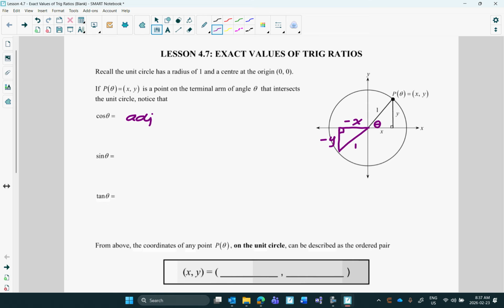In this right triangle that I've drawn here and labeled x, y, 1, what side is the adjacent? And what side is the hypotenuse? 1. Which means that the cosine of the angle coming out from here will be whatever the x value is of the point on the unit circle over 1, or just plain x.